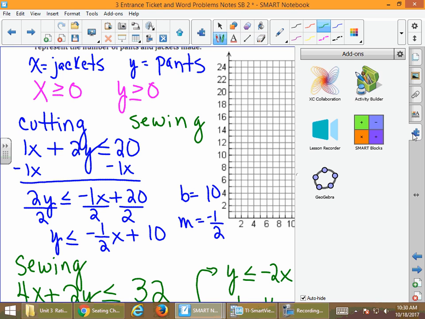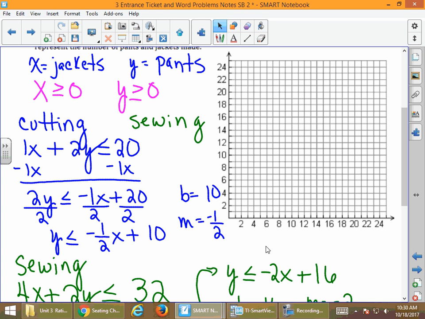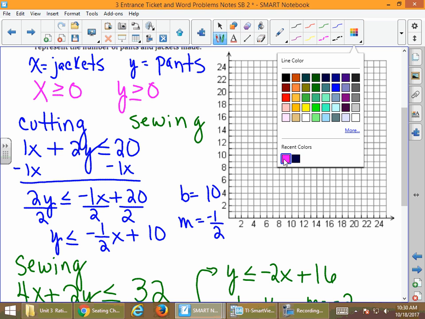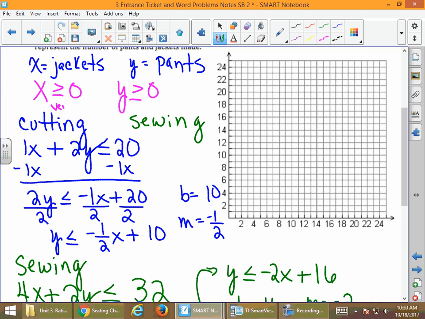Going to start here with our purplish inequalities. Remember that x is greater than or equal to 0 has to cross the x-axis. So this is a vertical line. And then we have to cross the y-axis for y is greater than or equal to 0, which means that is a horizontal.